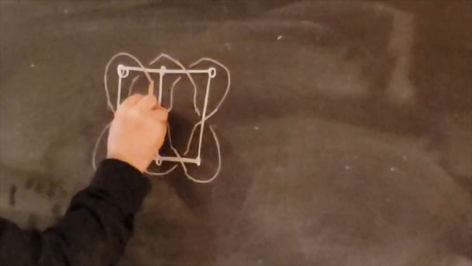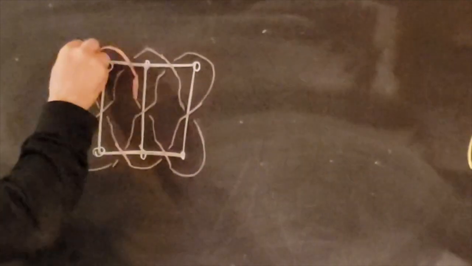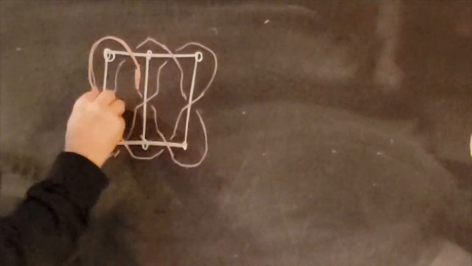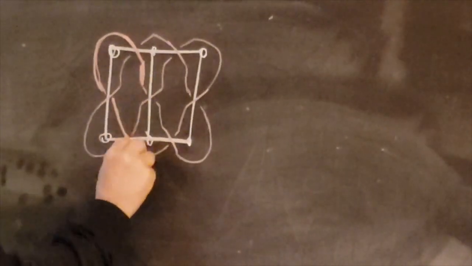It is a knot. Let's check this. I will start going from some place and follow, not destroying crossings, of course. It's alternating.